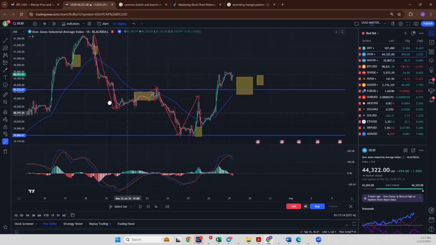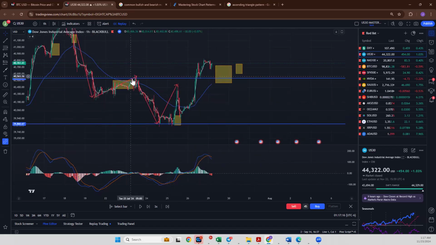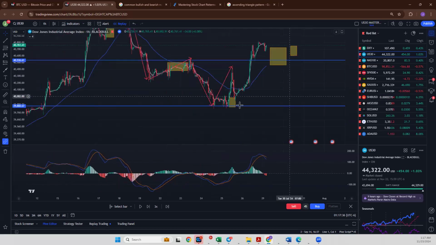Okay, this is how you trade a reversal. You're looking for the most recent lower high that created the most recent low to be broken. And since that does not happen, it's not that safe to hold a long-term trade in the upwards direction.